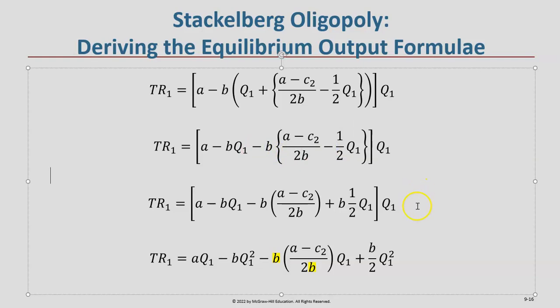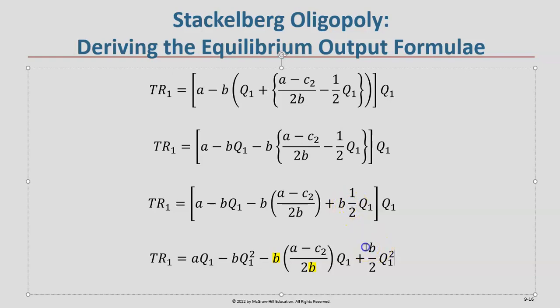Okay, and then the last step on this slide, I'm multiplying Q1 through the term in brackets. So I've just added a Q1 term to each of the separate terms in brackets. So AQ1 minus BQ1 squared minus B times the expression in parentheses times Q1 plus, and here I've put B over 2.